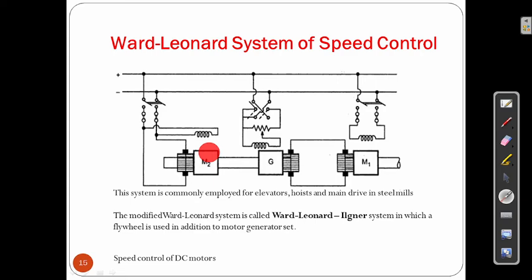But here we are controlling the motor with the help of adjustment of the generator switches, because the power supply is given from the switches to the generator. By varying this, we get variation in the generator, which varies the speed of this motor. This is the Ward-Leonard system speed control method.